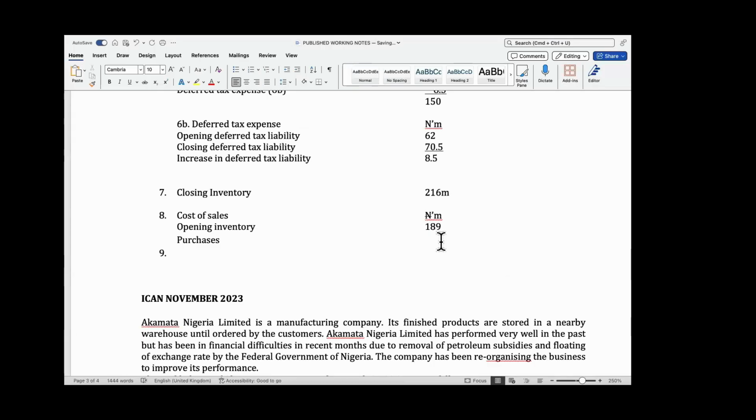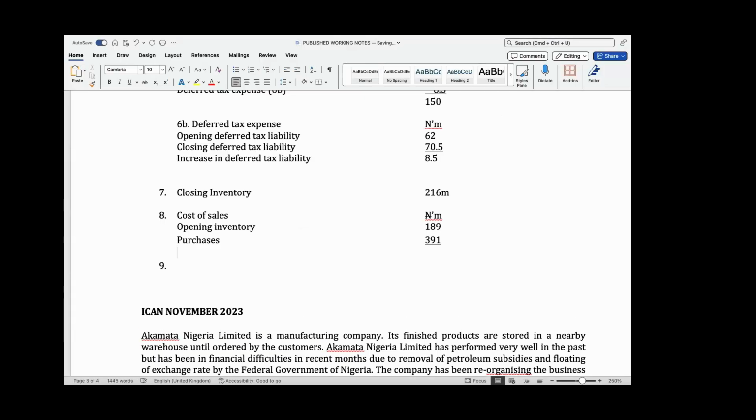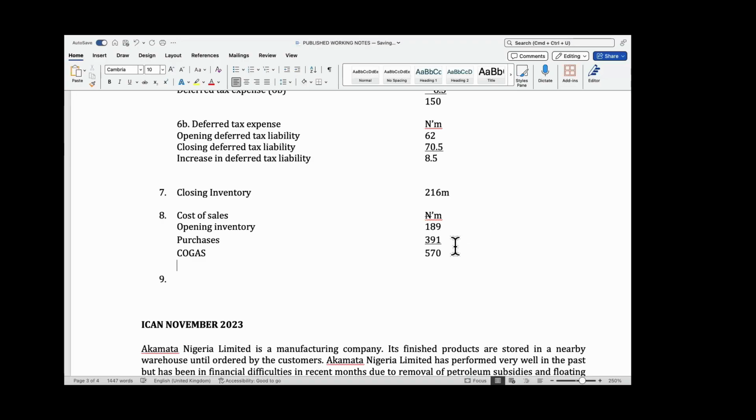Since I don't have any returns outward or inward, this becomes my cost of goods available for sale, which is 580.